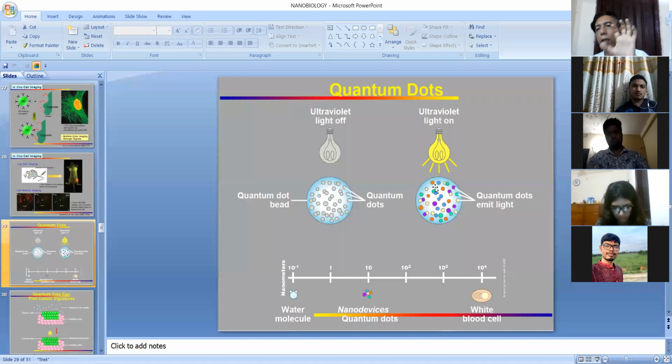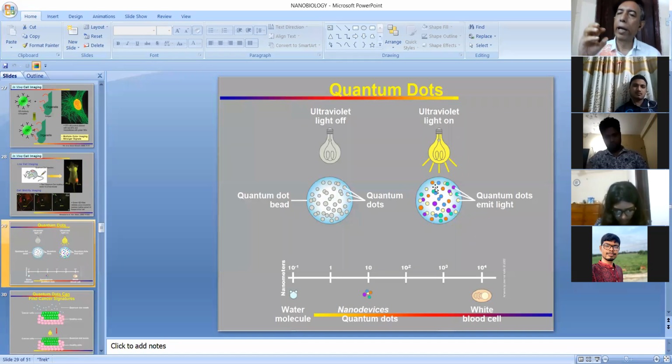And you can imagine that if you can see the light, then you'll see the shape and size of that substance. We are not seeing the tumor, but the instrument can see this.